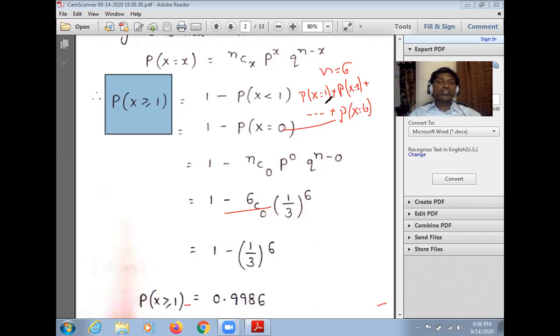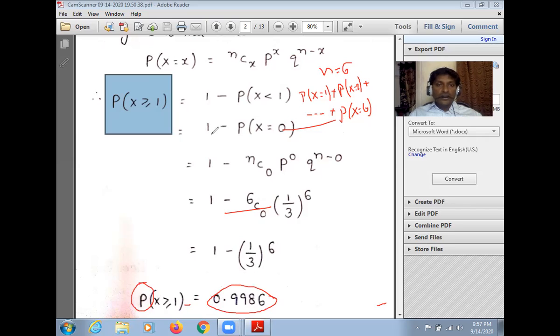By using that we can calculate all these: P of x equal to 1 plus P of x equal to 2 and so on up to P of x equal to 6, and then do the calculation. It is a lengthy calculation, but of course we can get it, and the answer has to be the same value, 0.9986. And don't forget, here we are calculating probability, so the value must lie between 0 and 1.